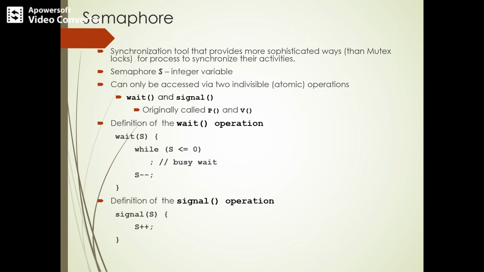So P operation is called the wait operation and V operation is called the signal operation. Just observe the wait of S. So what is this S? It's a semaphore and it always decreases by 1. So waiting count decrements each time, and when it is less than or equal to 0, do nothing, or else you won't decrement the waiting time.